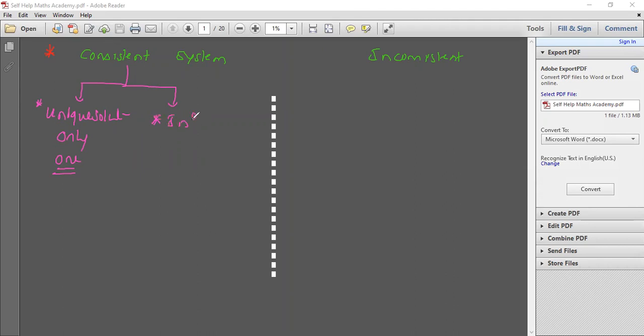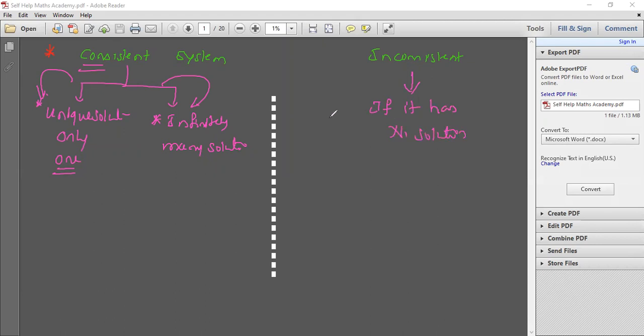It may also have infinitely many solutions. So a system is said to be consistent if it has either a unique solution or infinitely many solutions. Similarly, a system is said to be inconsistent if it has no solution.